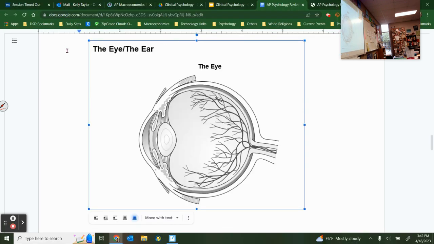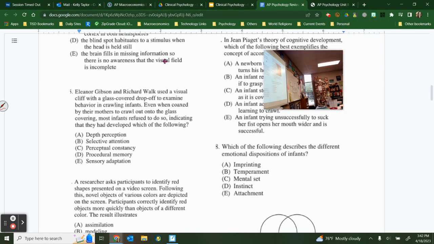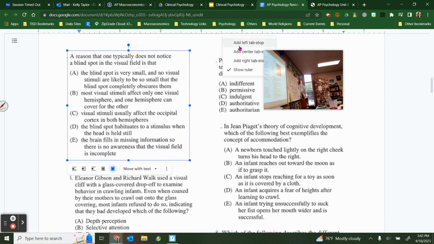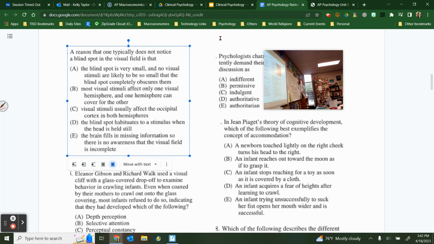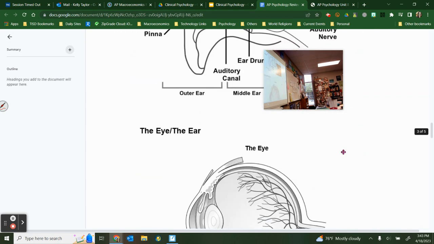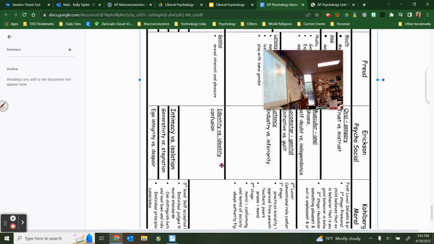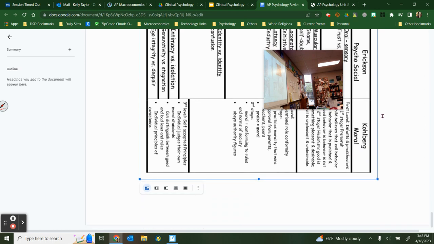Oh my God, we're out of options. Oh, the rotate thing's right there.